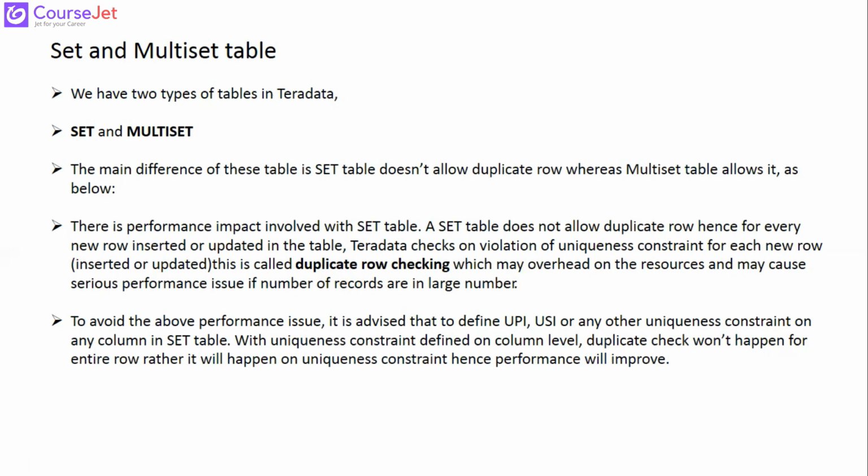Like you can have a staging table as a set table and insert a million records; it may take time, but obviously the data will be unique, right? So it depends on the scenarios where we need to use it.